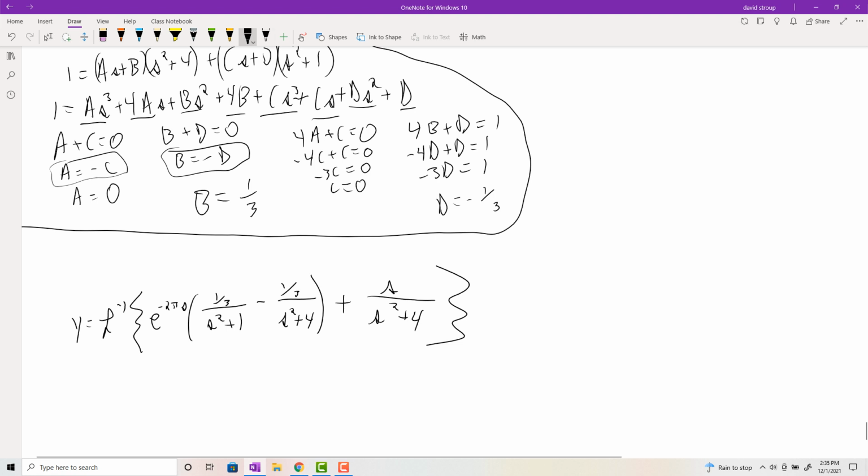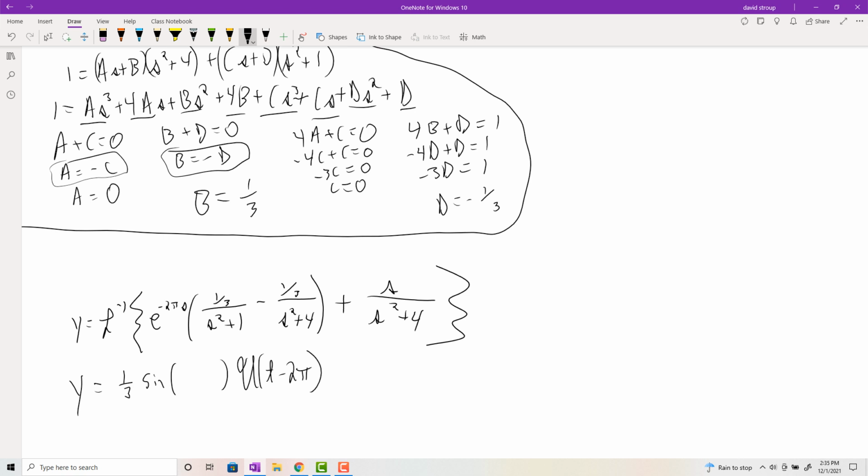so the first two guys are going to be shifts on the t-axis, because there's those Heaviside things. So the first one, there's a 1/3, and then it's going to be sine of t, but kind of minus something, right? So we have a Heaviside from the e to the negative 2 pi s of t minus 2 pi, and so this will be t minus 2 pi as well.